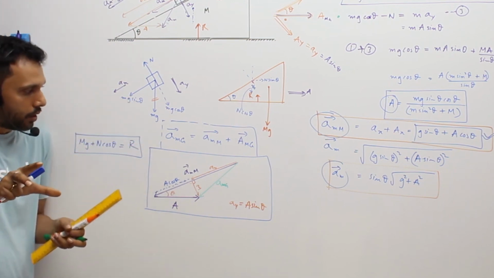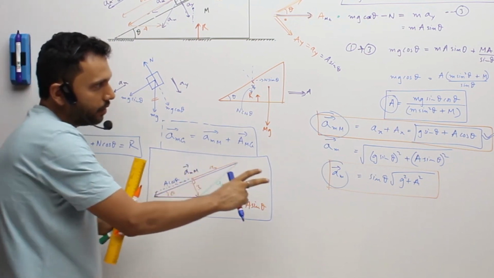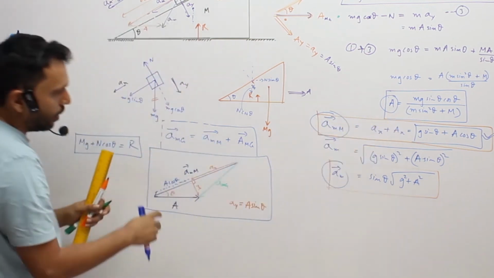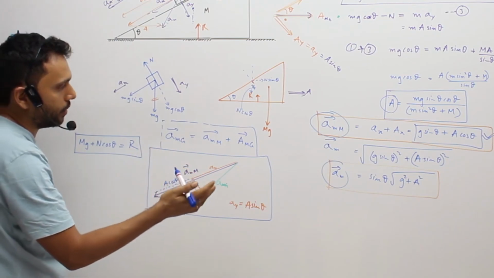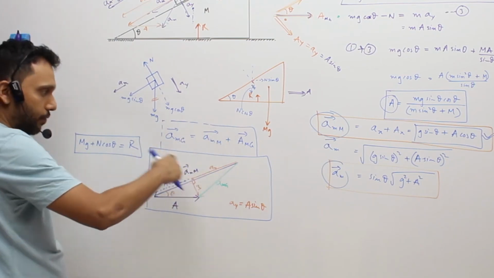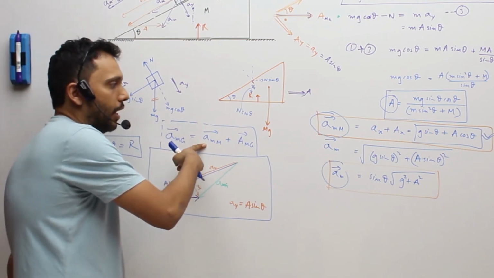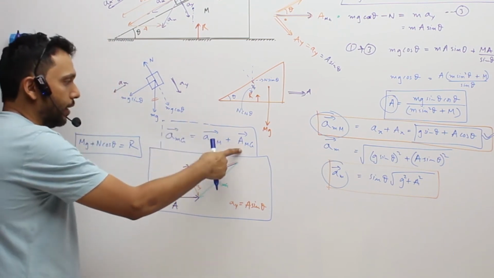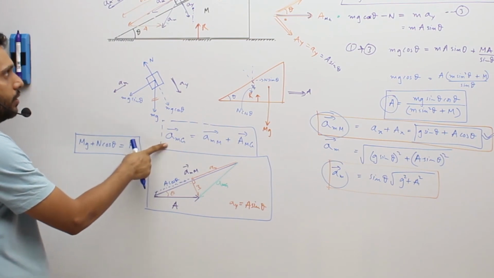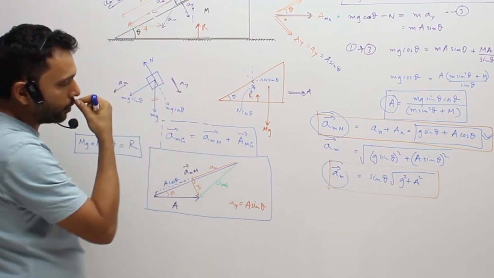You would have got only one part of the answer, which is AMM, in one go, and then you would have had to use this equation again after getting AMM, and knowing A, find the actual acceleration. But this way we are getting all the things together.